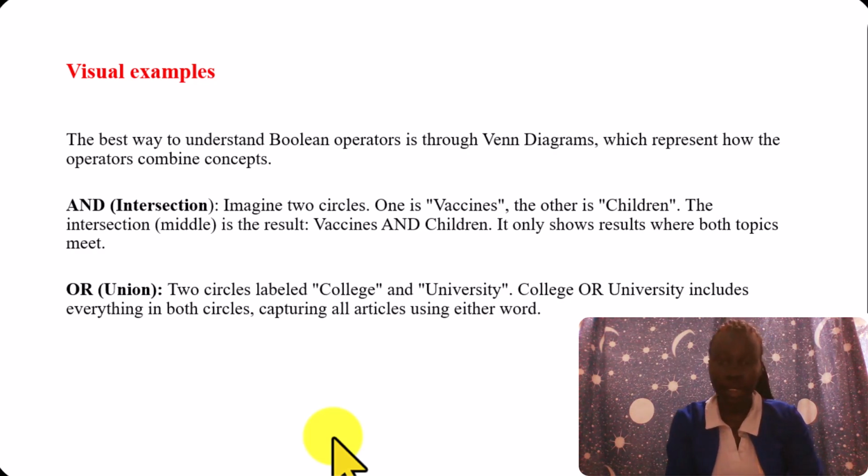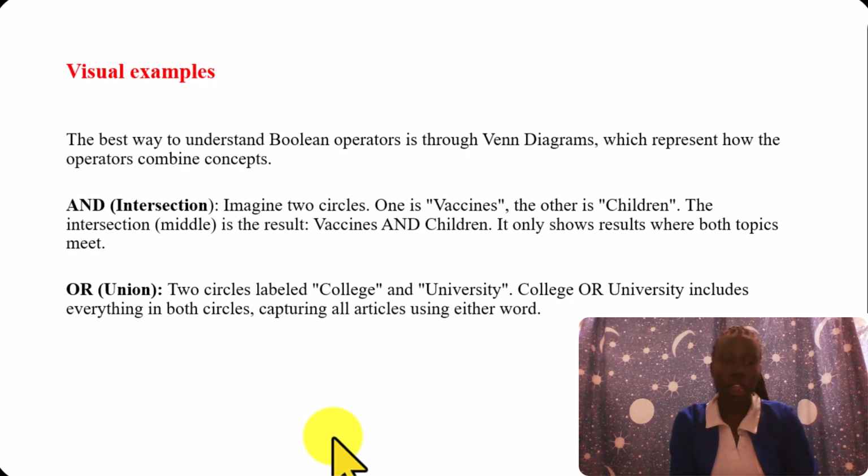So vaccines AND children only shows results where both topics meet. You get the vaccines for the children.